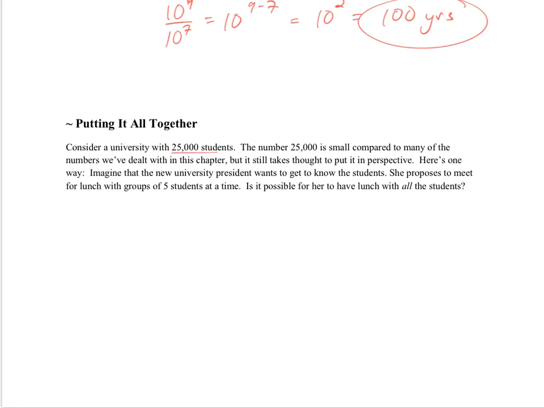Well, in this example, I don't think we need to use scientific notation. But so we can just do something like this. We can say there are 25,000 students, and she'll meet with 5 every day for lunch. So that means she would need 5,000 days.